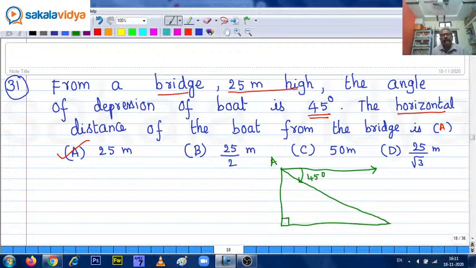Say A, B, C. Horizontal distance say D. So this will be X, 25 meters high. If it is 45, these two lines are parallel, so this angle is also 45. 45 means it is 1. This also 45, this also 1. So 1 is 45. D is also 1. Therefore, D is equal to 25 meters. That's the answer.